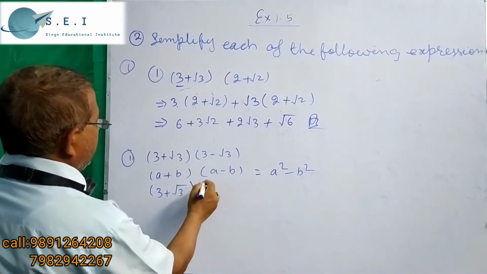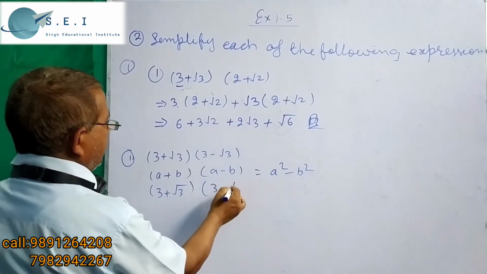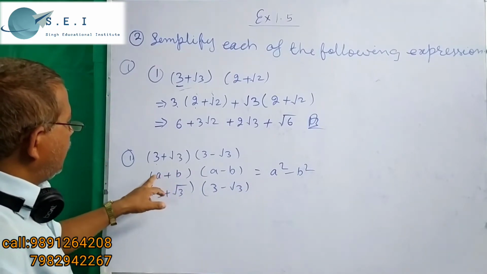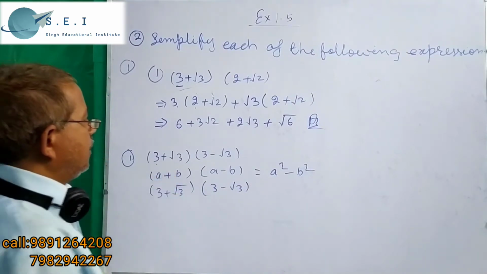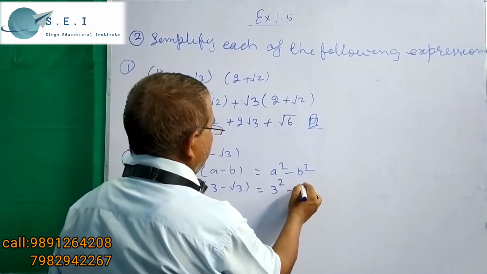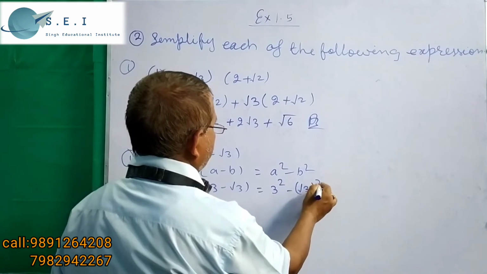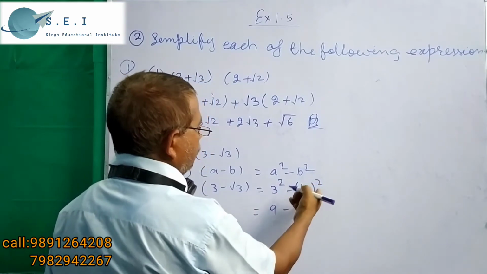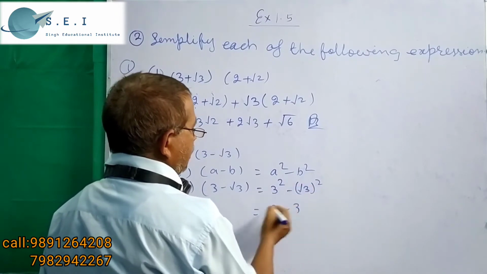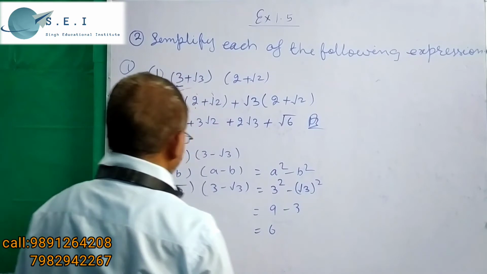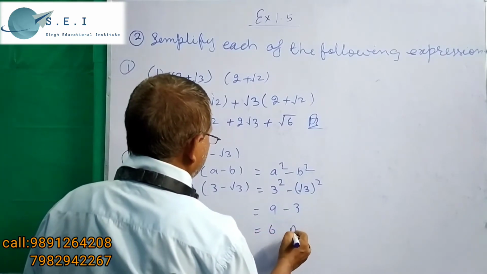So a is equal to 3 and b is equal to root 3. Put the value of a, which is 3, and the value of b, which is root 3, in a square minus b square. Now 3 square is 9, and root 3 square is 3. 9 minus 3 is equal to 6. So the simplified answer of part 2 is 6.